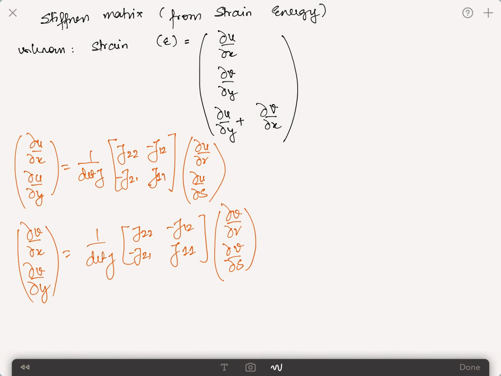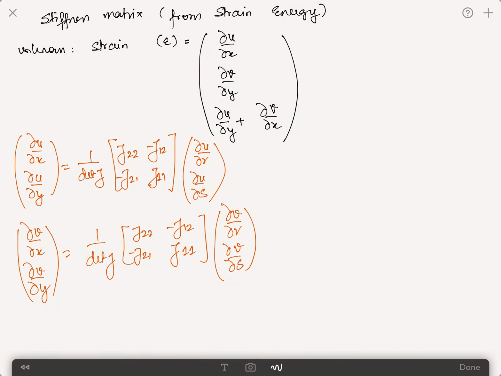Now, since we want to combine these equations in a certain format so as to get the unknown strain epsilon, using dou u dou x, dou v dou y, dou u dou y plus dou v dou x, we can just pick those particular values from within these matrices here.